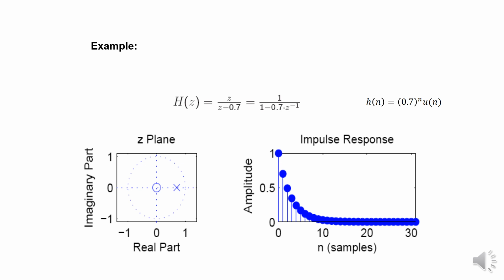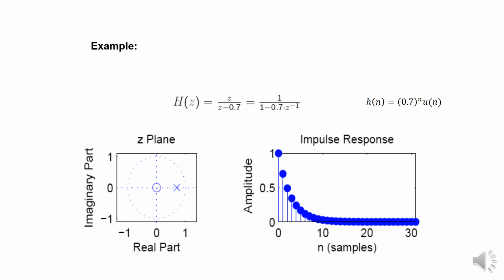The denominator is z minus 0.7, so when z is equal to 0.7, the denominator becomes 0. That part we call the pole. A pole is marked by a cross in the z plane.